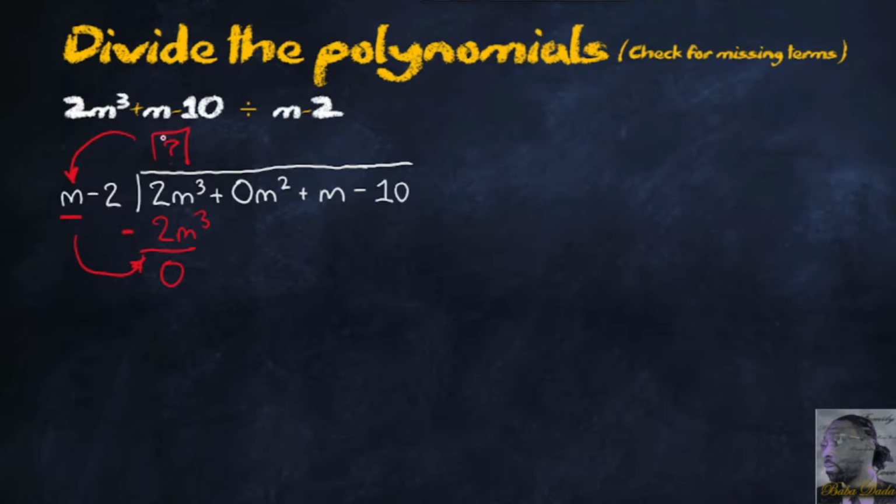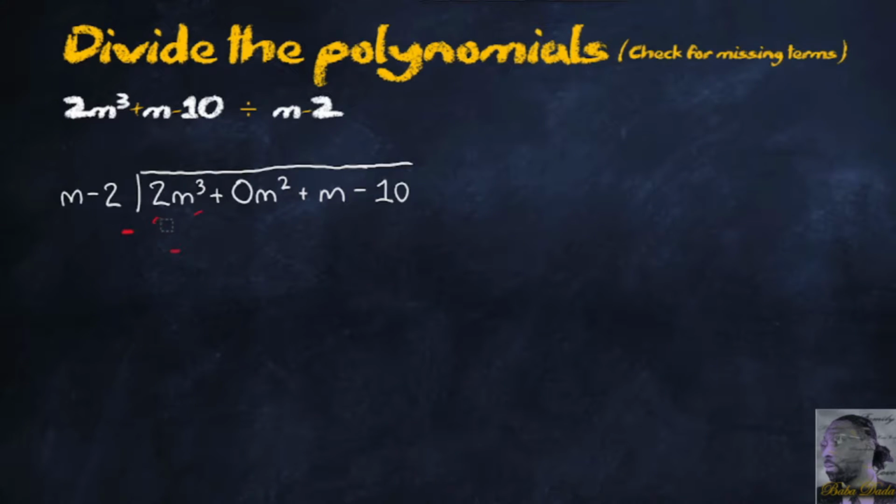So this number here needs to be a number we multiply by m to give us 2m cubed. So when we subtract 2m cubed by 2m cubed, it cancels. And we're going to continue doing that until we get through each term of this polynomial. What number will give us 2m cubed? That is the goal.